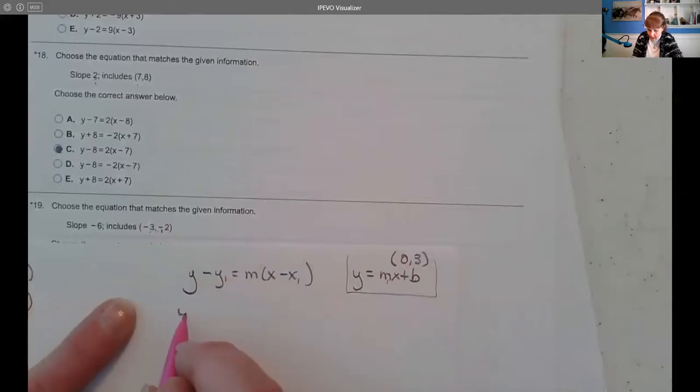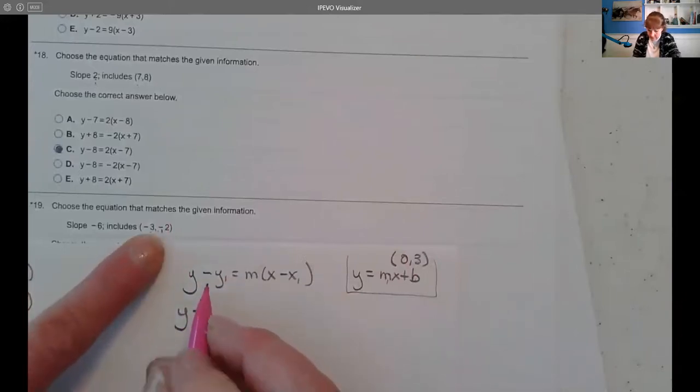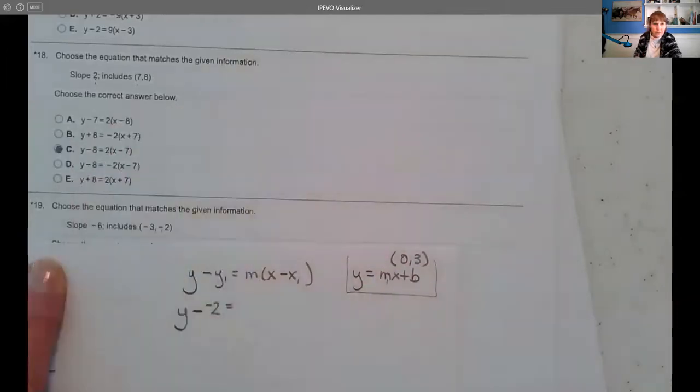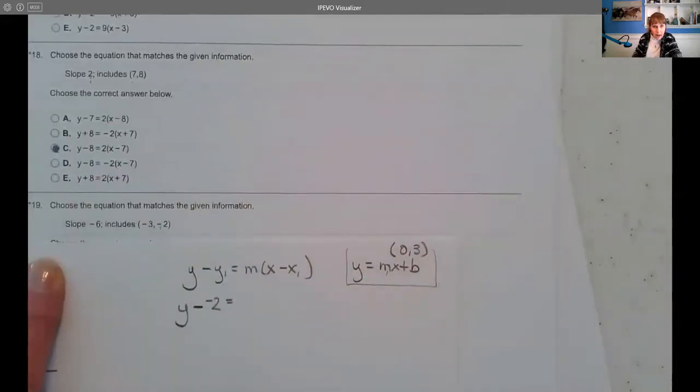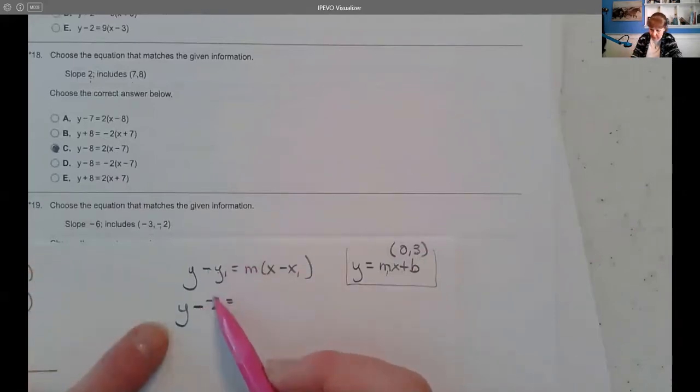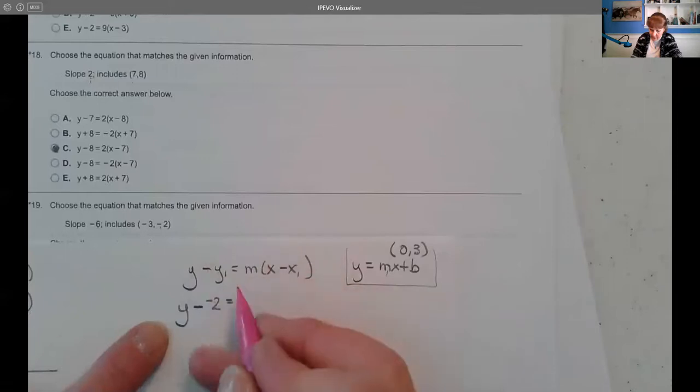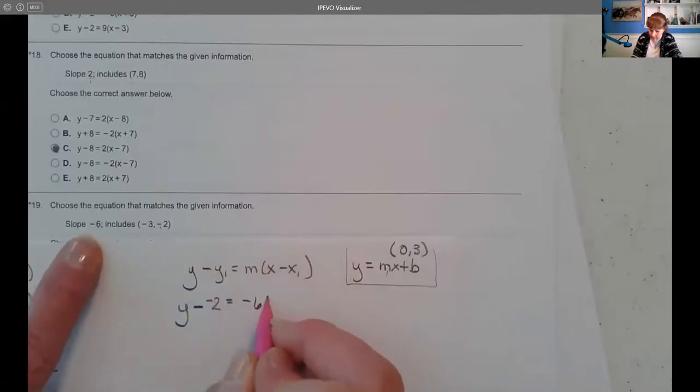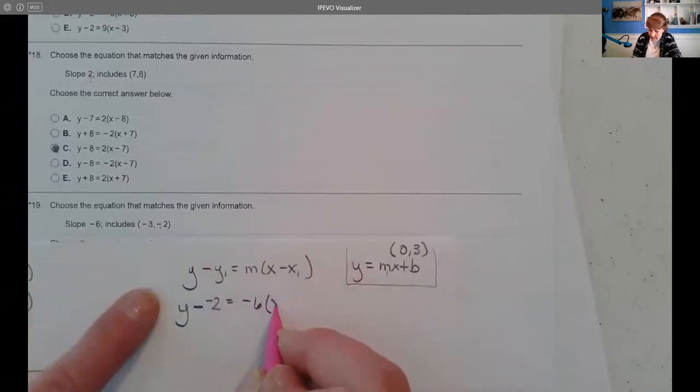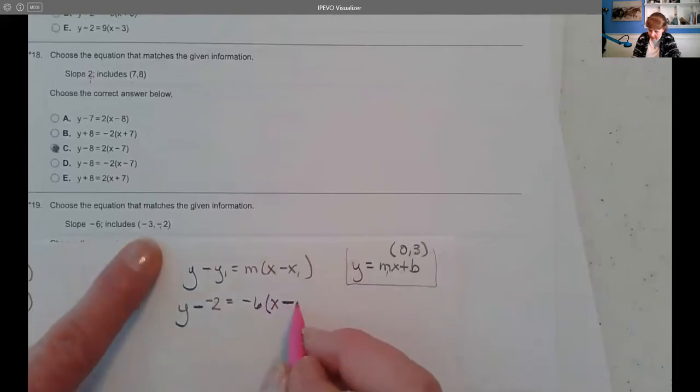So we'll take y, subtract a -2. A bunch of pencil marks there. So we have y subtract that -2. The y is -2. The slope is -6. Look at all these negatives. x subtract a -3.